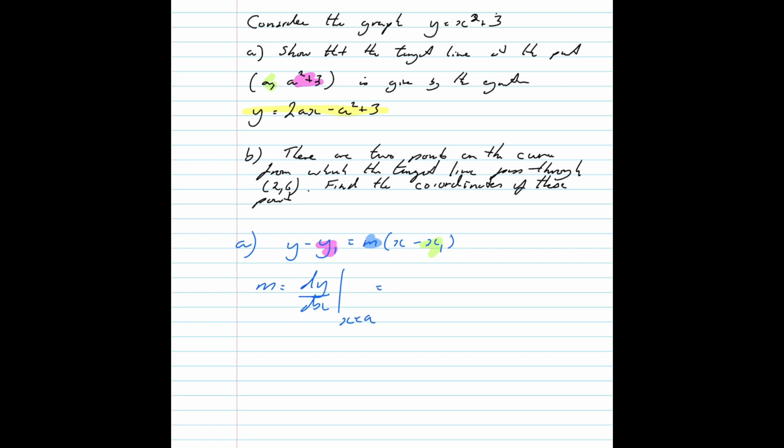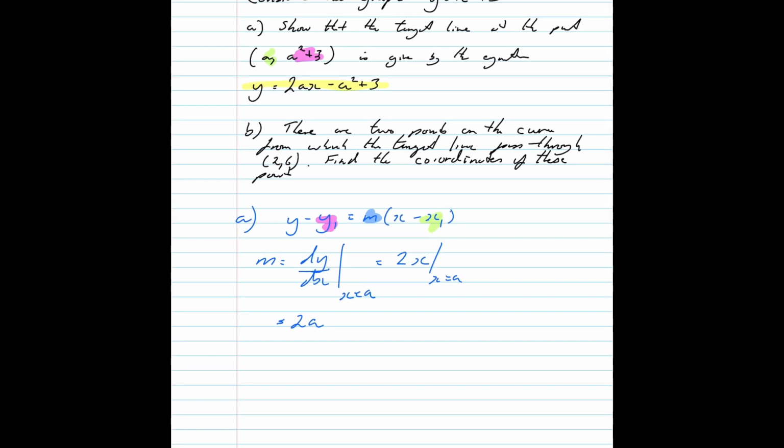So dy/dx, we use our power rule, we get 2x. Evaluate that at x equals a, gives us 2a. So that's our gradient for our line.